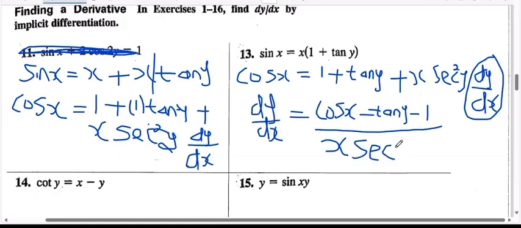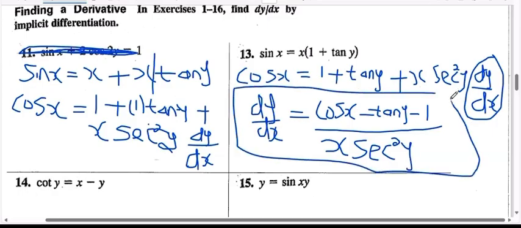I want to believe that's going to be the final answer. So dy/dx equals cos x minus tan y minus 1 divided by x sec squared y.